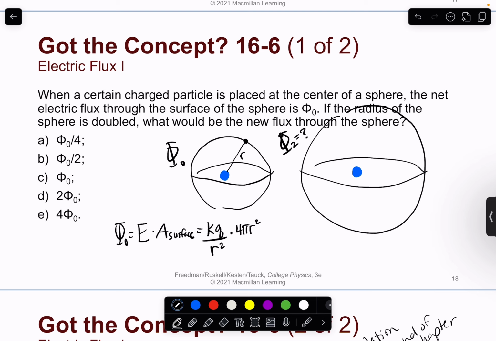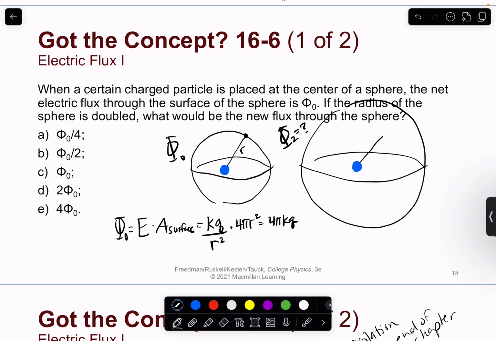So what is that? 4 pi KQ. So what about over here? Now our radius is 2R.